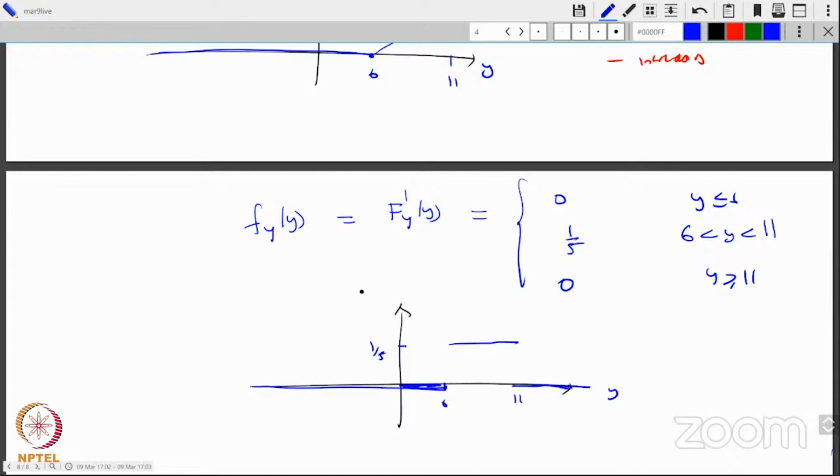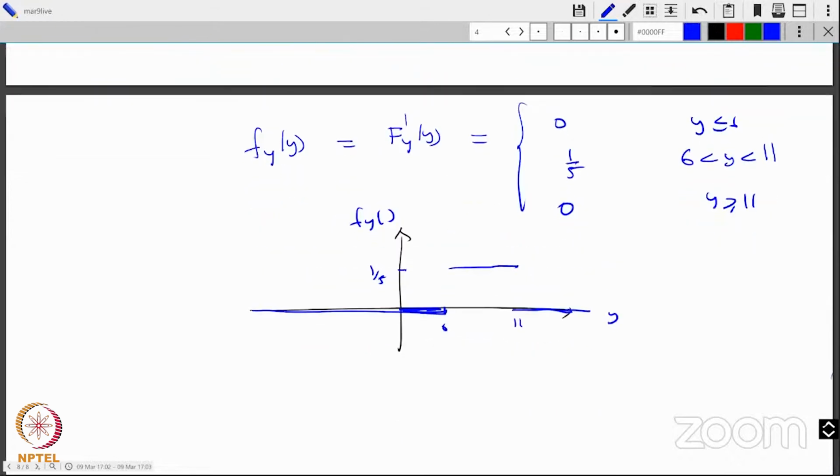Very cool. That means what is the name of the distribution for Y? Can someone tell me on chat? If Y has this PDF, what is the name of the distribution of Y? That's right. You could think of Y as choosing a number uniformly between 6 and 11, because it's giving you 1 over 5.